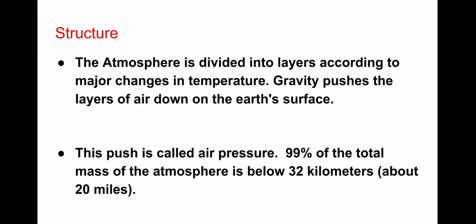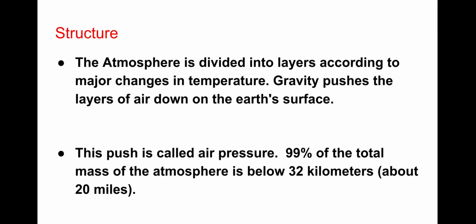And then you have a couple of other things that make up a little bit. There's a little bit of carbon dioxide in the atmosphere, a little bit of water vapor in the air, and a couple of things that make up very minute parts of the air. Most of the air molecules are located in the bottom layer because gravity pushes them down.